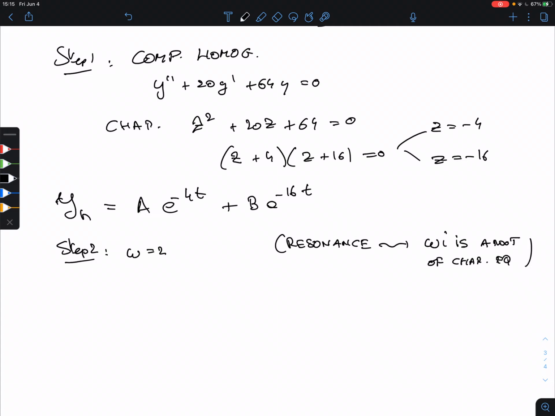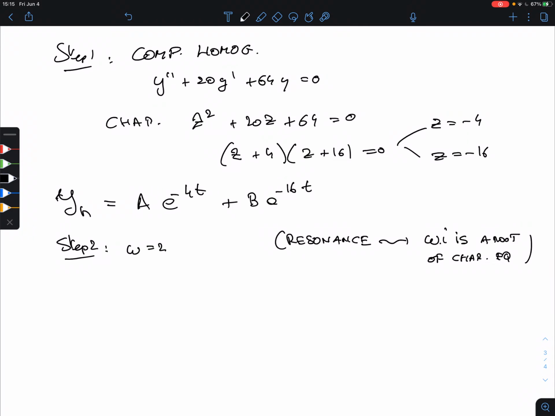It's omega i, right, that is really a root in characteristic equations. Now this, of course, is not the case because we have real solutions, right? So we don't have this problem here. I just want to point out that in this case there is no problem.